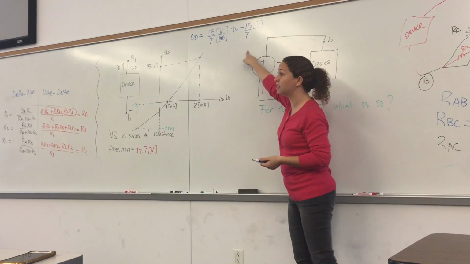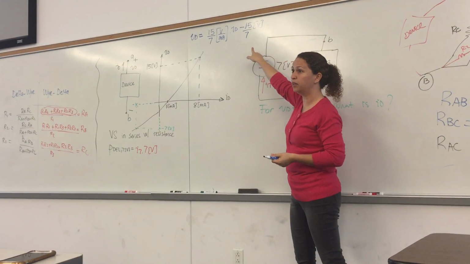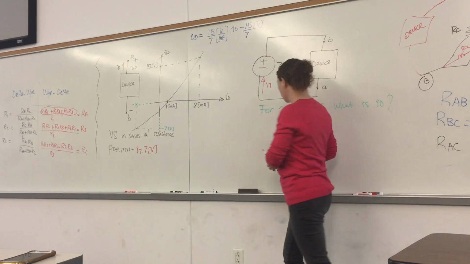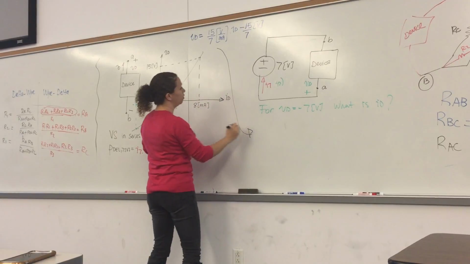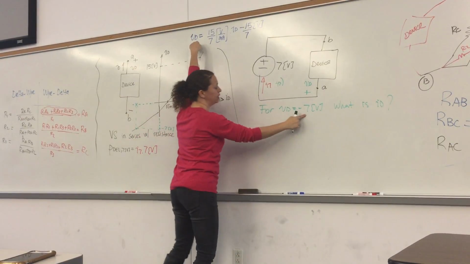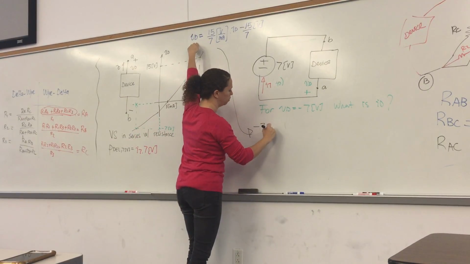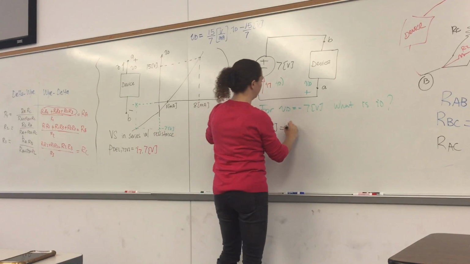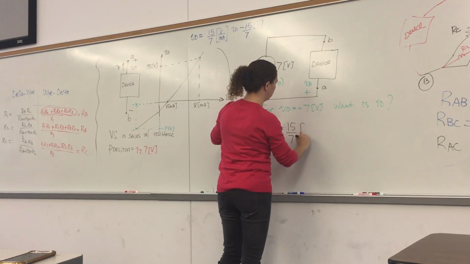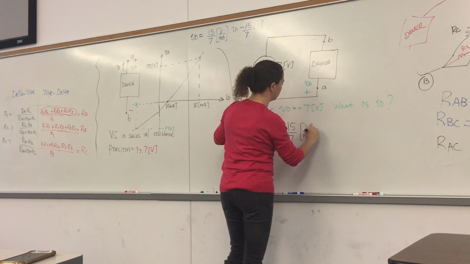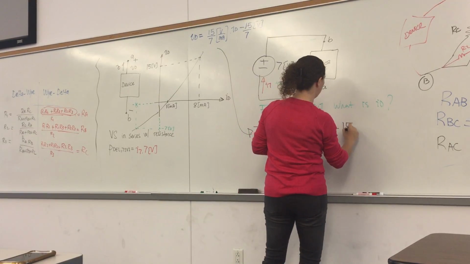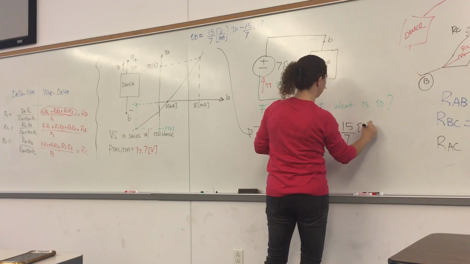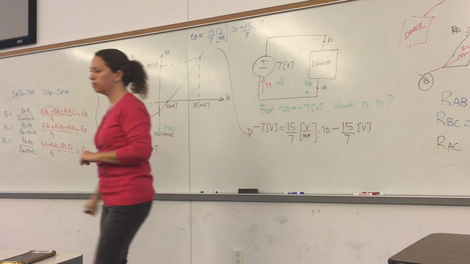Now that I have this, that's all I need, right? So in order to answer this question now, replace VD with negative 7 volts in 15 over 7 volts over milliamps times ID minus 15 over 7 volts, and solve for ID.